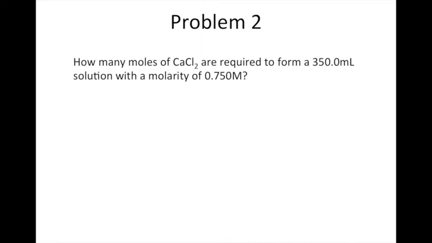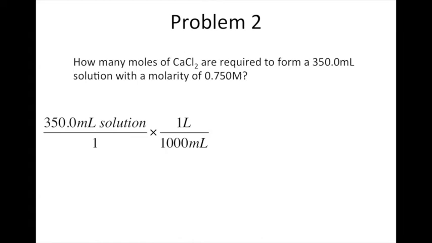This problem says, how many moles of calcium chloride are required to form a 350 milliliter solution with a molarity of 0.750 molar? So pause the video and let's give this problem a try. Okay, let's see how you did. So the first thing I want to do is change my 350 milliliters into liters.